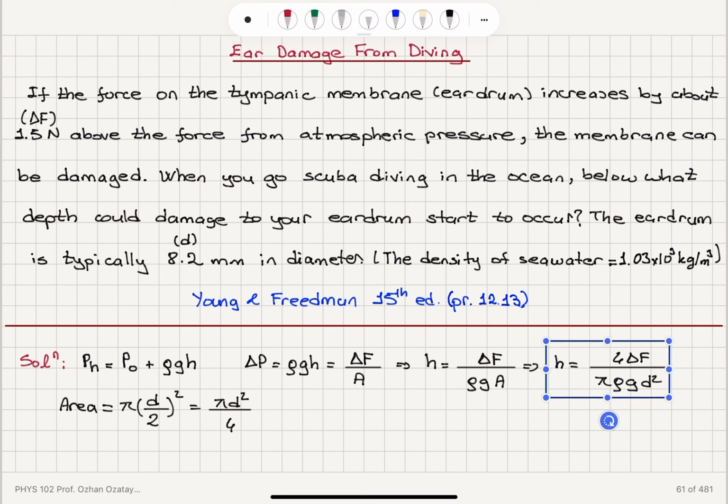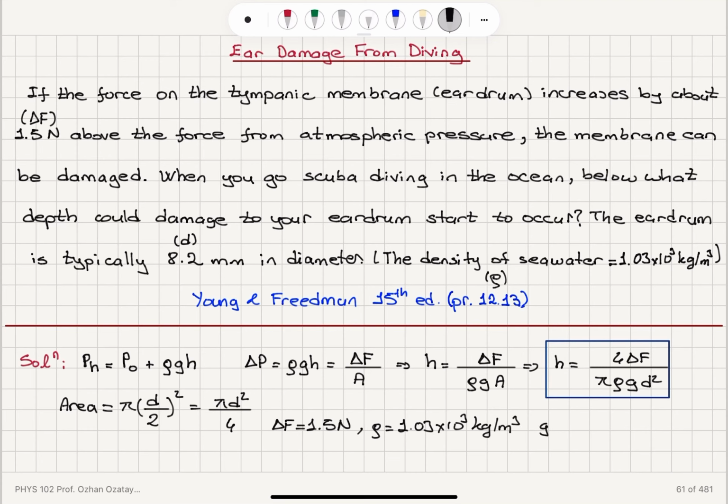So this ρ is the density of the seawater. Okay, so if ΔF is equal to 1.5 newtons, that's going to damage our ears. And the density of seawater is 1.03 × 10^3 kilograms per meter cubed.